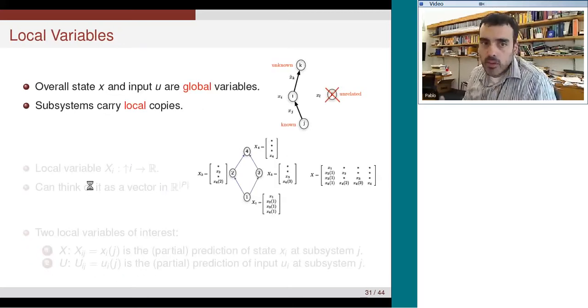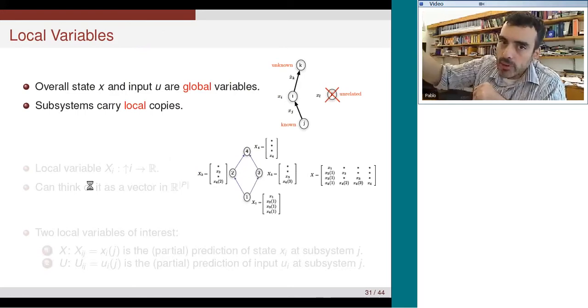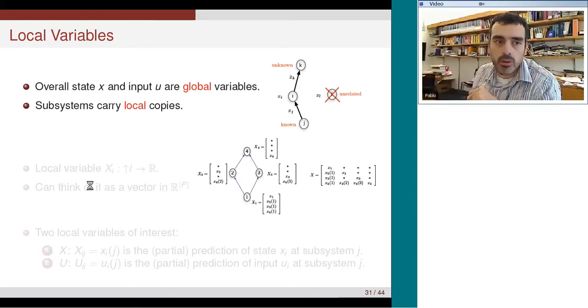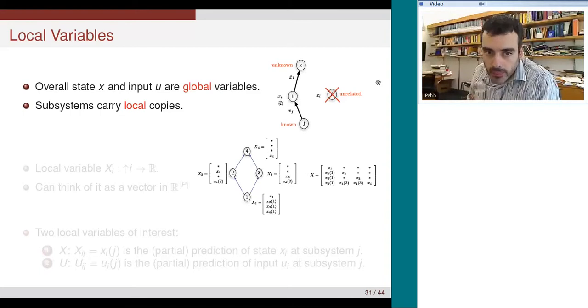This is a little bit more interesting. It's exactly this notion that I will have to keep predictions of what everybody else in the future is going to do. So the controllers will have to carry state, but they will also have to carry local copies of the state for the states that are above me. If I'm a subsystem, I can split the set of states into the future, the past that I know, and the unrelated stuff.